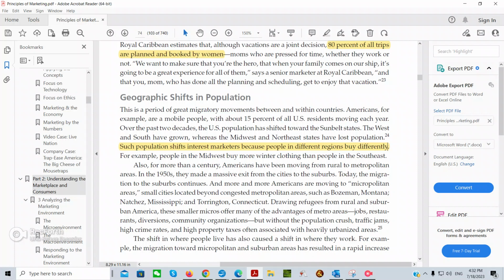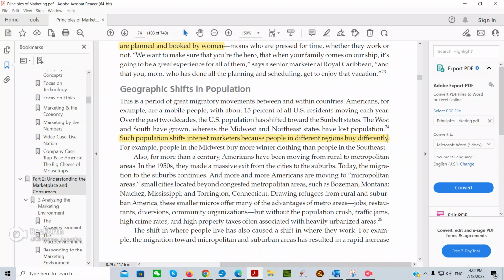Drawing refugees from rural and suburban America, these smaller micros offer more of the advantages of the metro areas, which are jobs, restaurants, diversions, and community organizations, but without the population crush and the traffic jams.